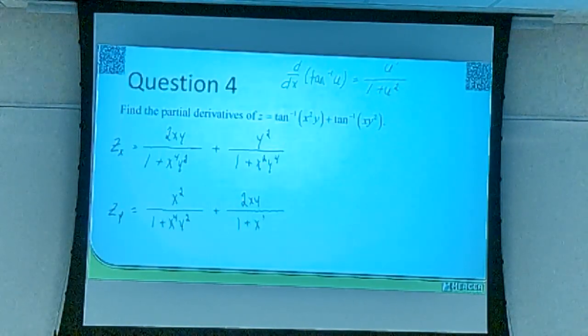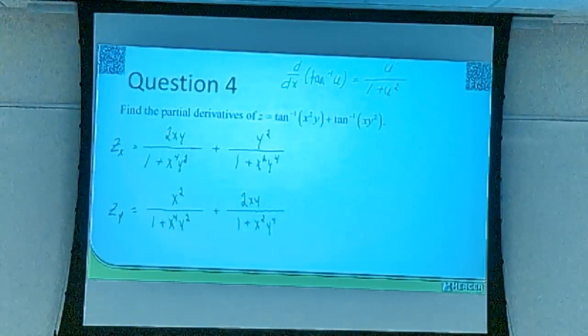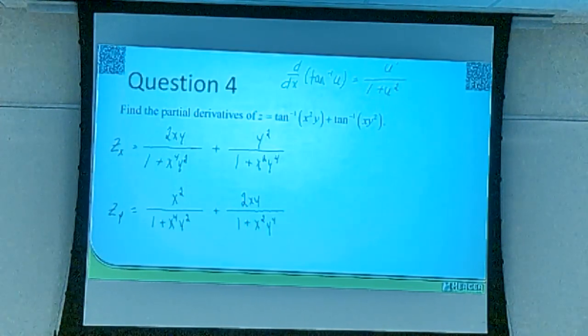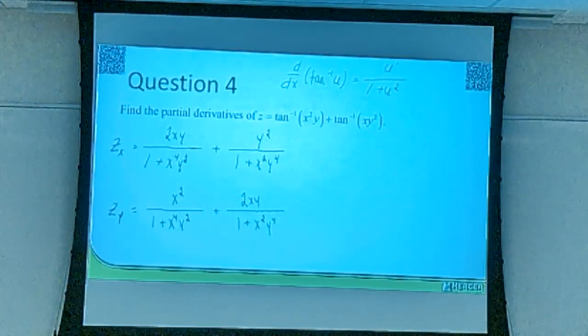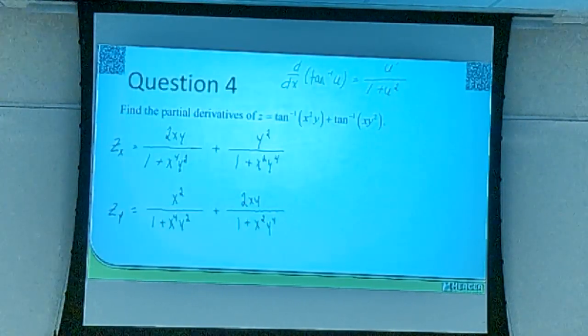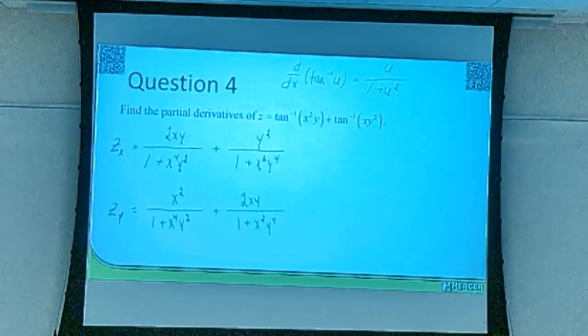Oh, yeah. There you go. There are your partials. So it's literally the exact same thing as Calc 1, just with that now added caveat.